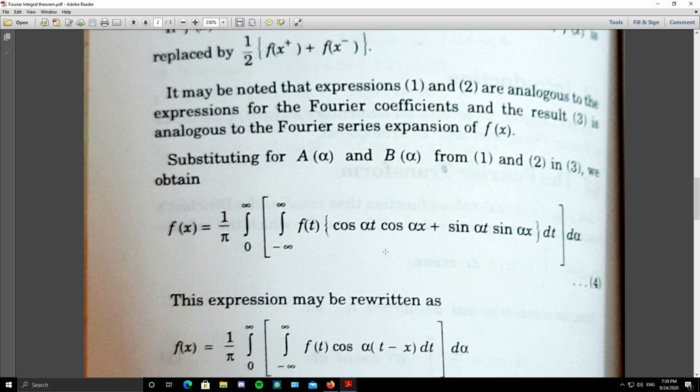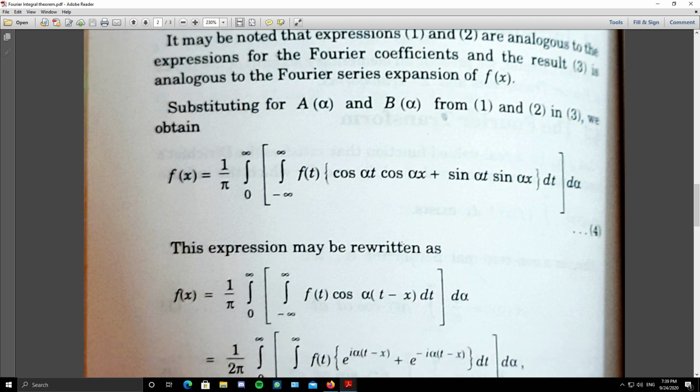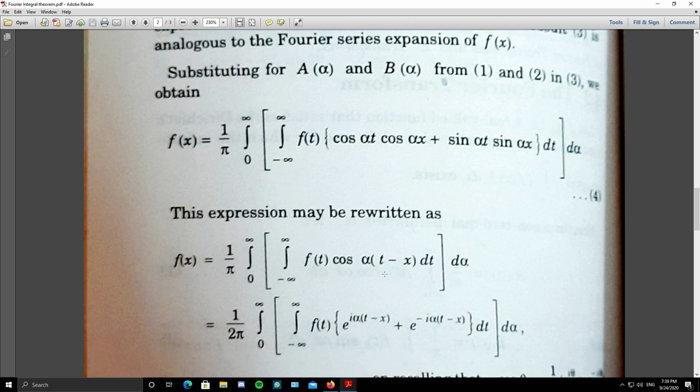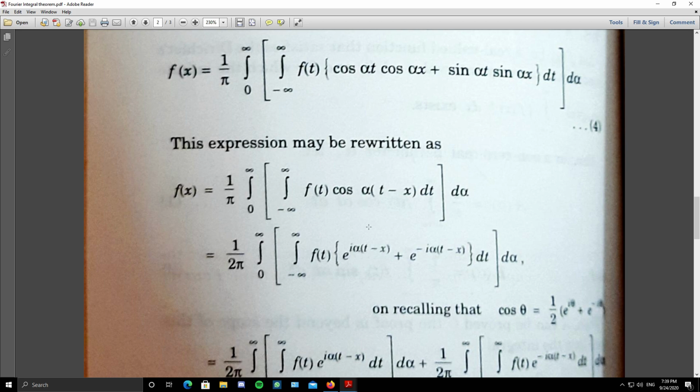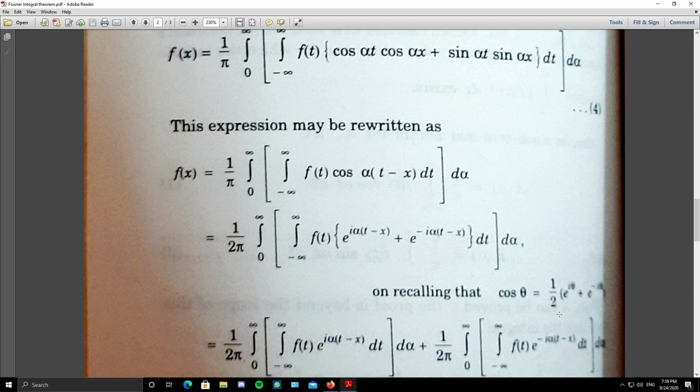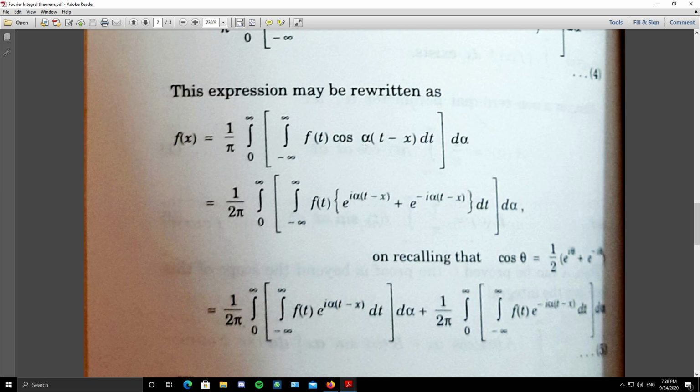This is of the form cos A cos B plus sin A sin B, which is cos of A minus B, so cos alpha into t minus x. What is cos theta? E power i theta plus e power minus i theta by 2. So this is written as half of e power i alpha t minus x plus e power minus i alpha t minus x.